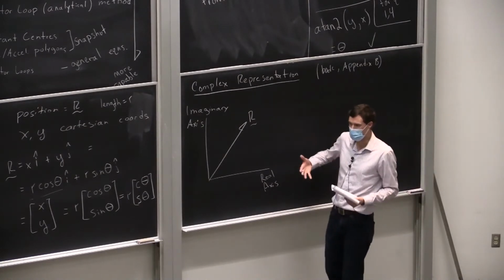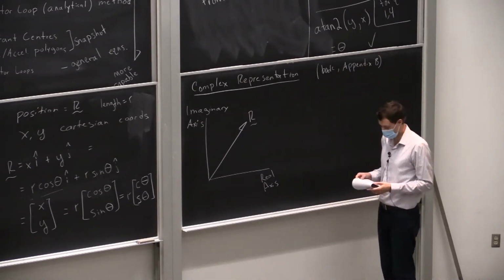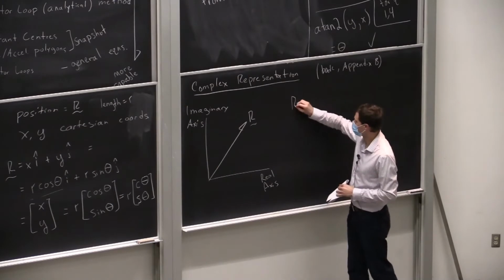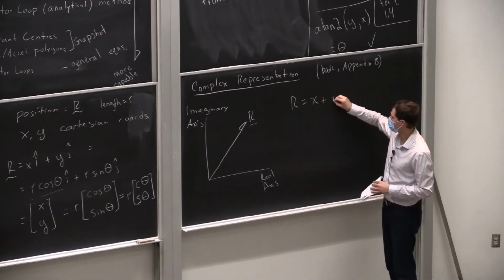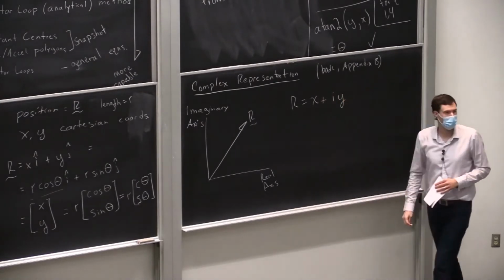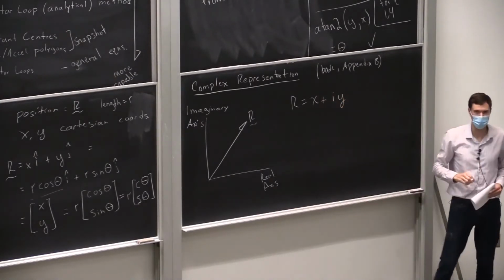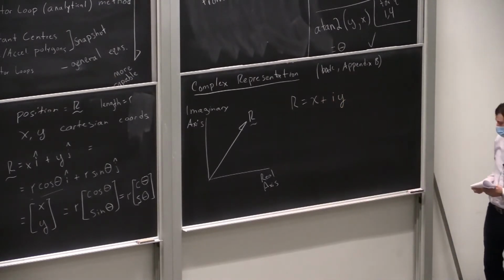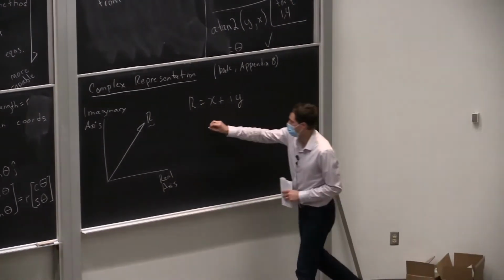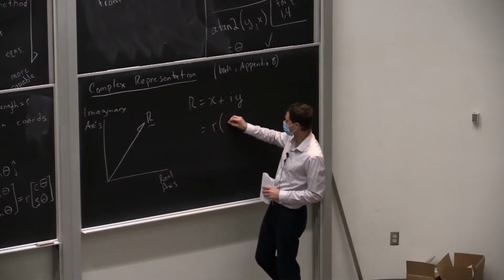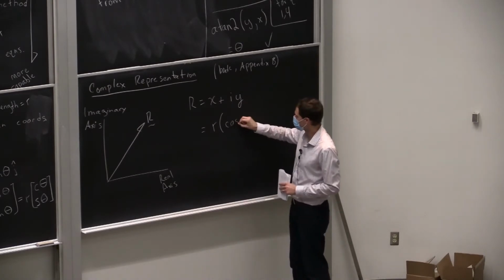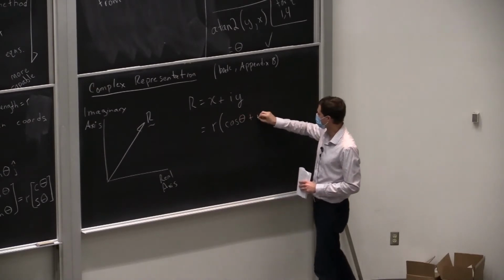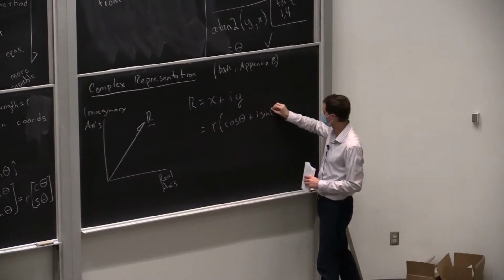So it's pretty handy for dealing with planar geometric problems like this. You would write the position vector now as x plus i y, where i is the imaginary number, the square root of -1. This is just a way of keeping track of things, or you could rewrite it as r cosine theta plus i sine theta.